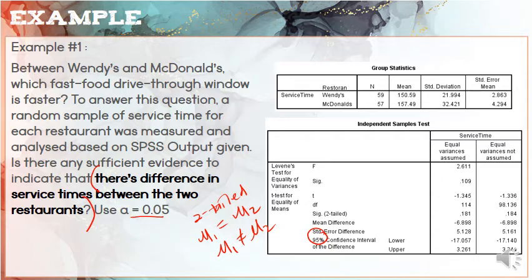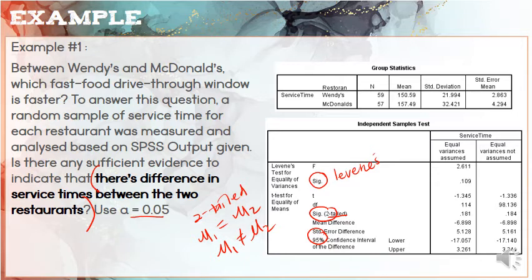Kalau dia still maintain 95%, then awak boleh ambil confidence interval ni jika ditanya. Yang keduanya, p-value. This one adalah p-value untuk Levene test. Ini pula adalah p-value untuk independent t-test for two-tail test. Okay, so itu yang kita dapat daripada SPSS output.